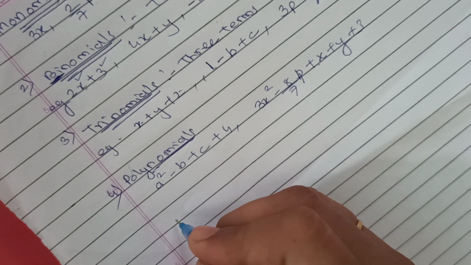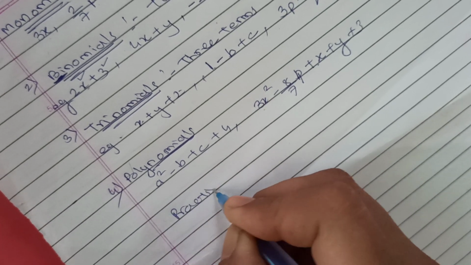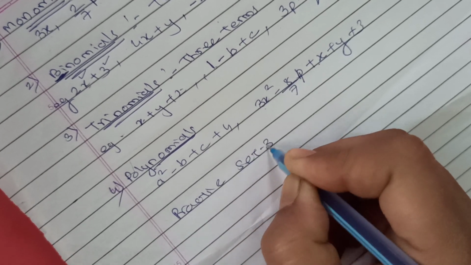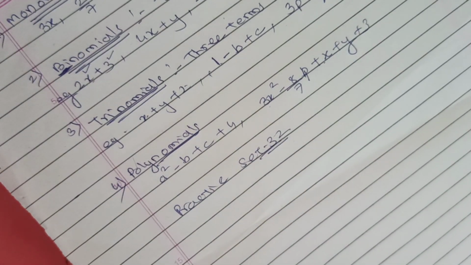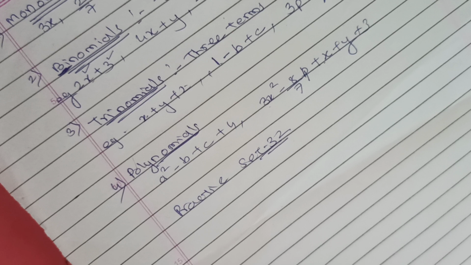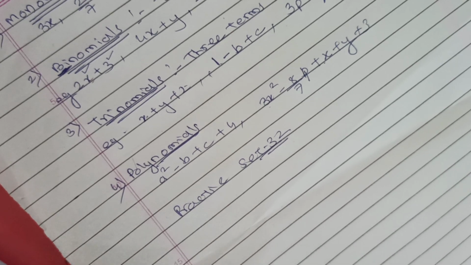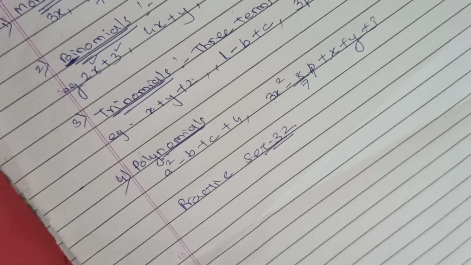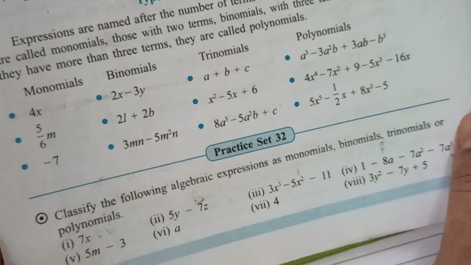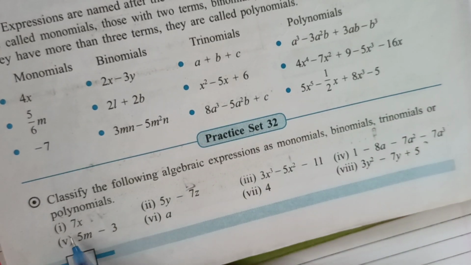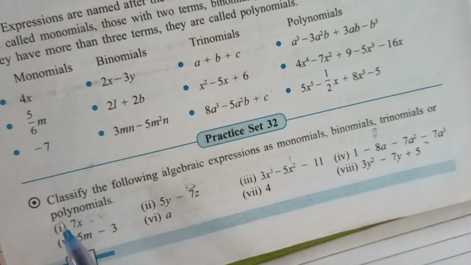Now let us go for practice set 32. When you see practice set 32, you just want to count the terms present there. See, first is 7x. 7x has only one term, so you will write it as monomial.